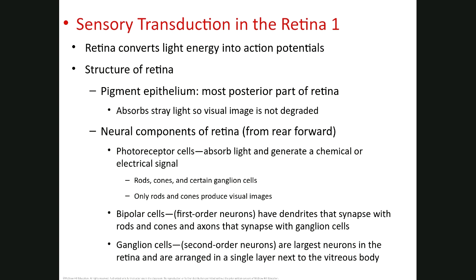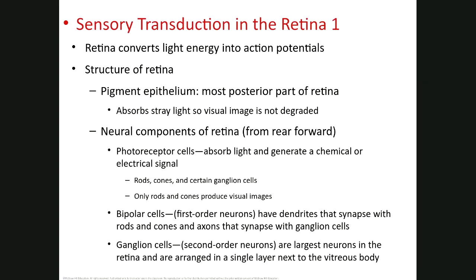The light energy, the electromagnetic energy, will then reflect into the retinal wall. On the retinal wall are pigment epithelium and neural components. This will have photoreceptors. And when you say photoreceptors, those are your rod cells, cone cells, and ganglion cells.